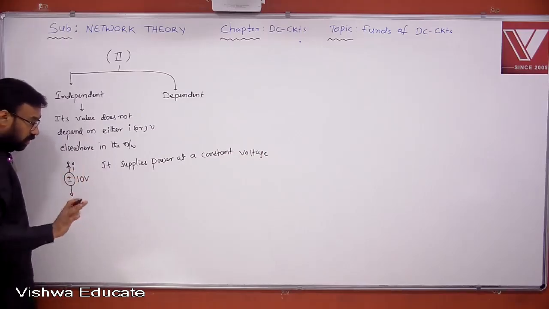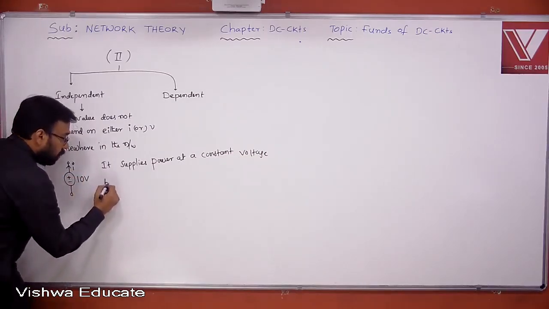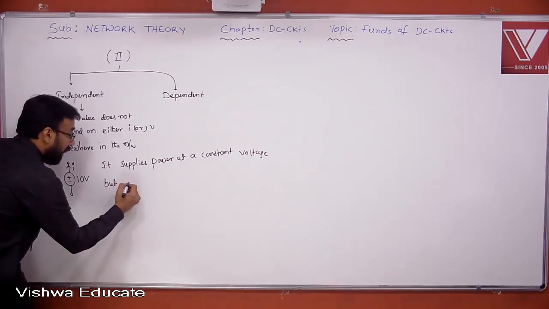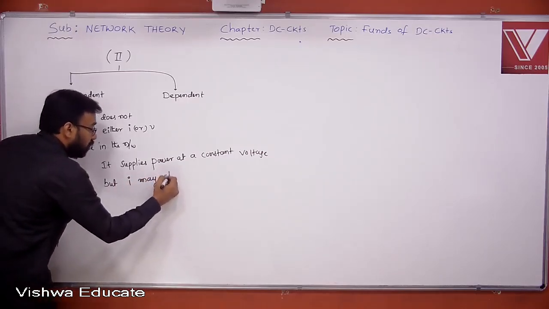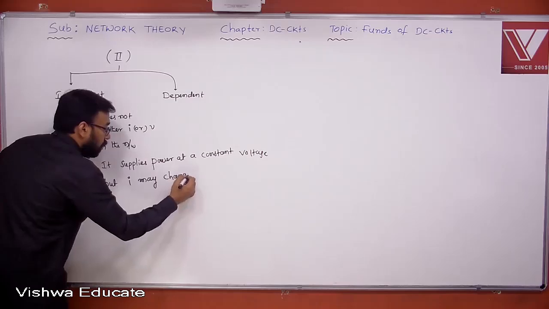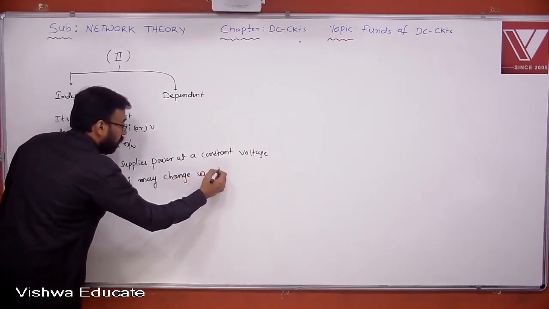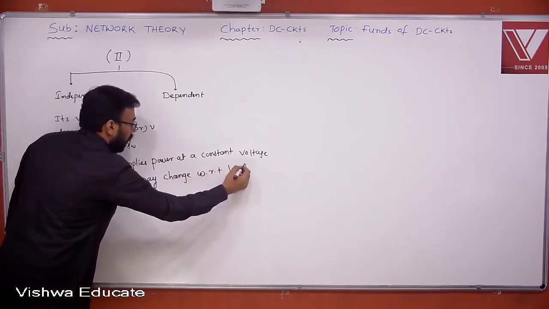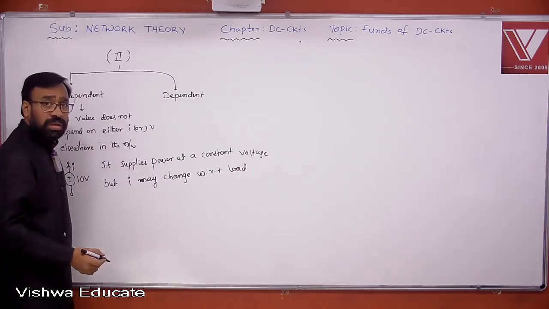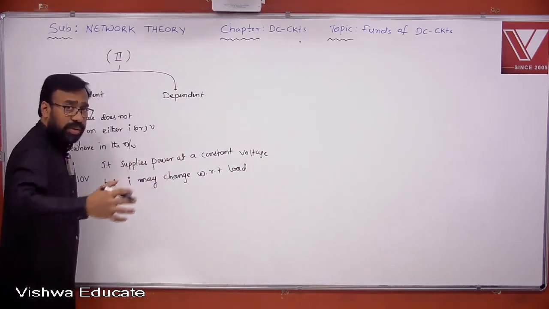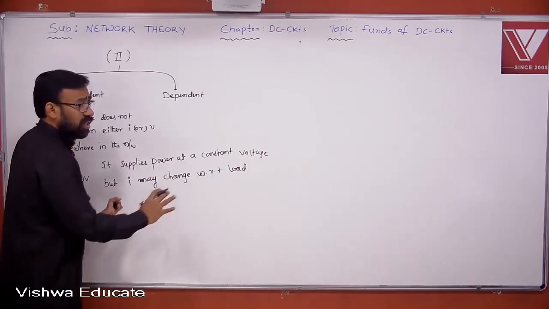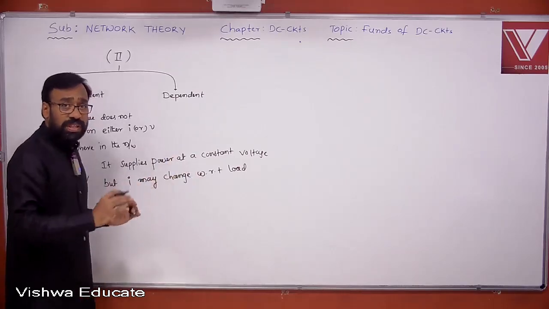10 volts means 10 volts, but current I may change with respect to load. Not only with respect to load, but with respect to any changes that may occur in the network. So I am just writing in general with respect to load, but not only with respect to load.